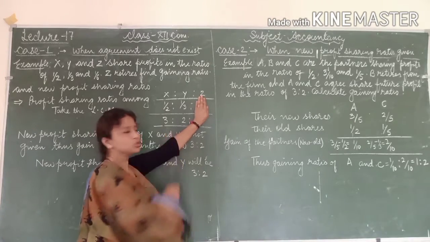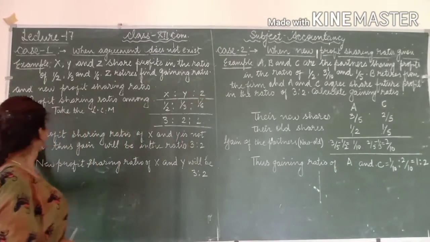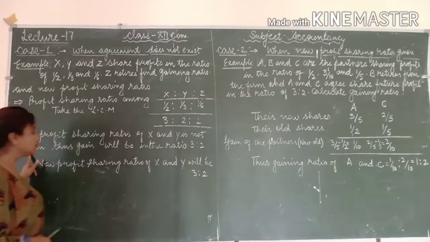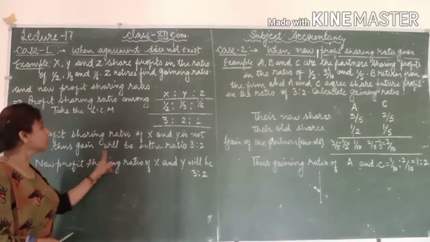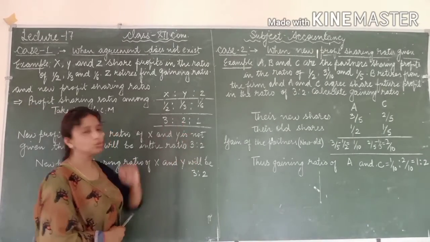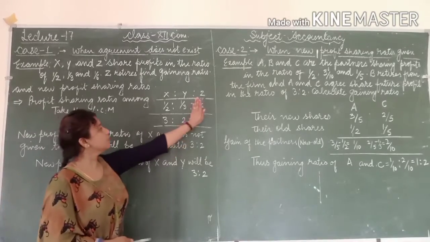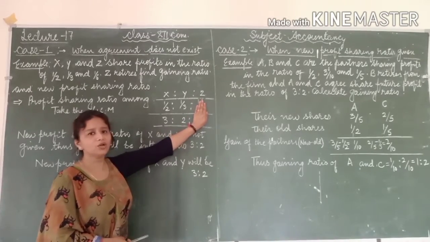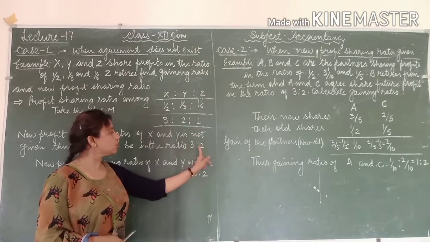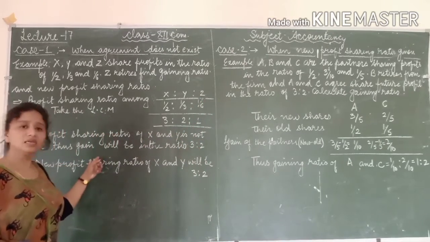That is 3:2. So if the new profit sharing ratio of X and Y is not given, the gain will be in the ratio of 3:2. With a very simple formula, put your hand over Z and you have the X and Y ratio 3:2. So this is the gaining ratio.